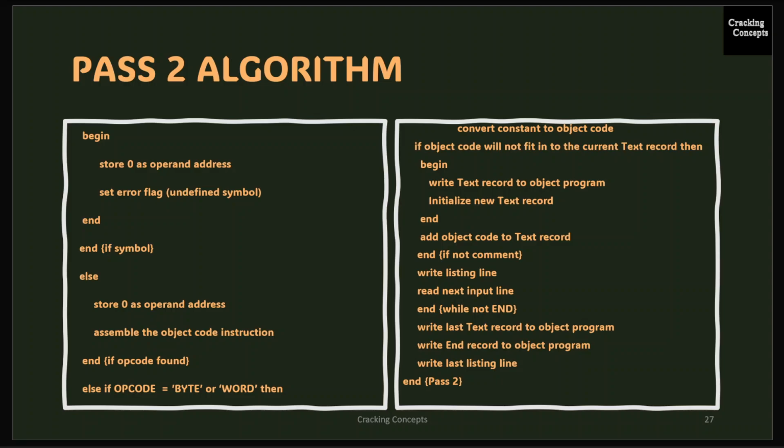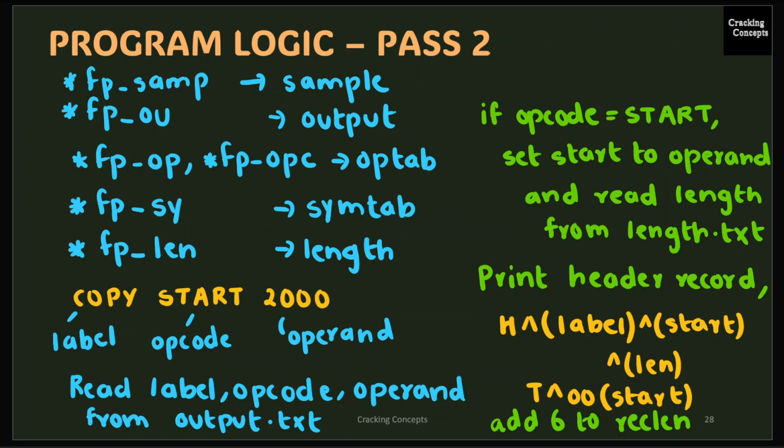Now inside the text record, the object code is written and the corresponding listing line follows it. And after all these steps are completed, the last text record will be written and finally the end record to mark the end of the program, followed by the last listing line, and that's how pass 2 ends.